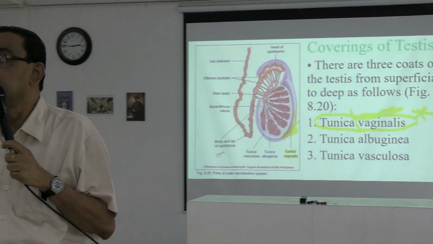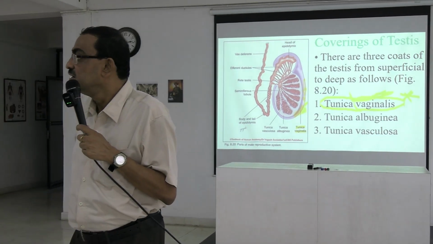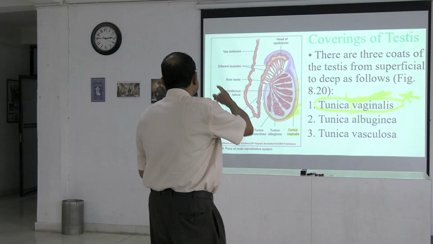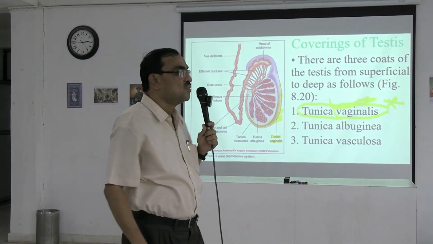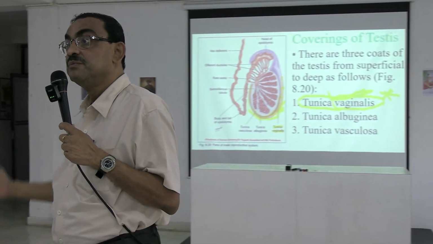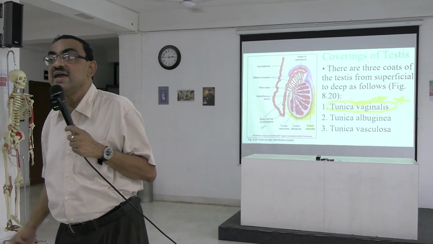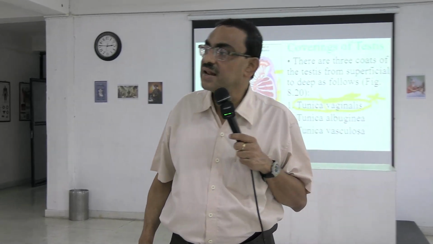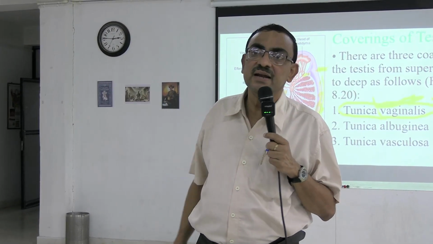There are two layers of tunica vaginalis, like our pleural cavity and pericardial cavity, the visceral layer and the parietal layer.